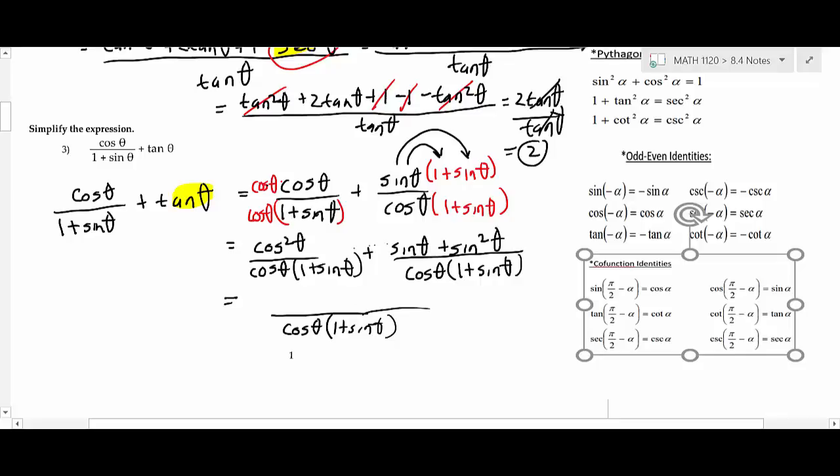Now, all of these things are like terms, so I'm just going to write it down as it is: cosine squared theta plus sine theta plus sine squared theta, like that. So I've got it all in one fraction, right? Everything's all together. Now it's time to start looking at our identities. So does anything jump out at you in that numerator?